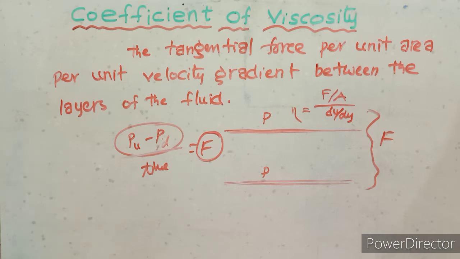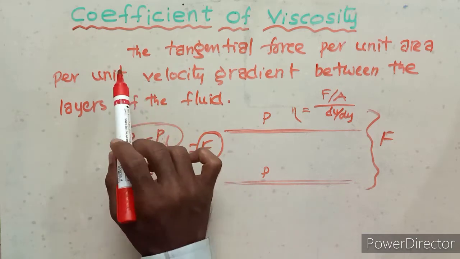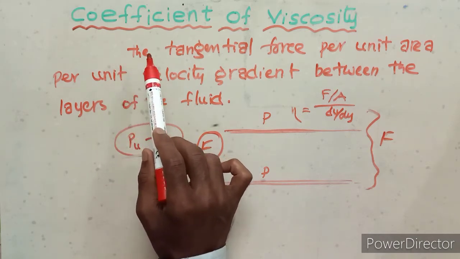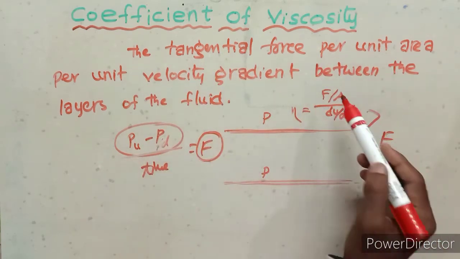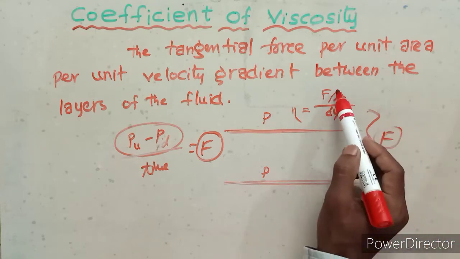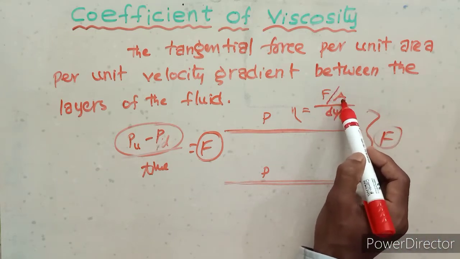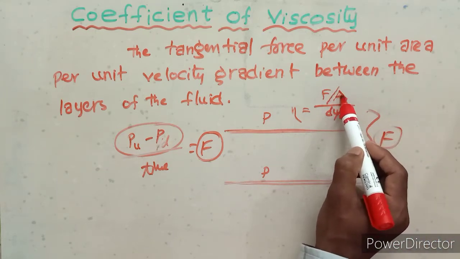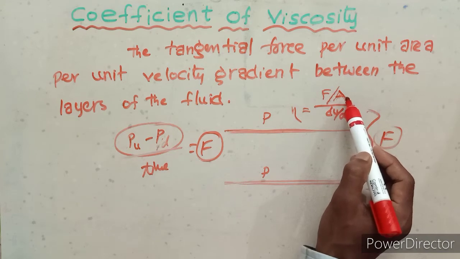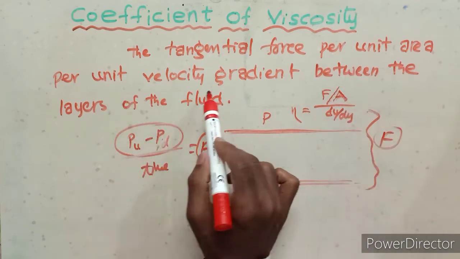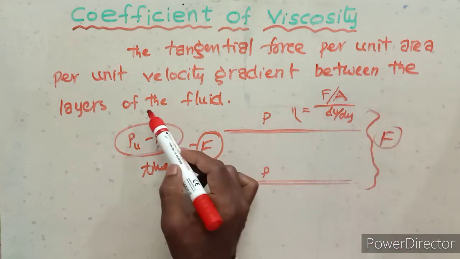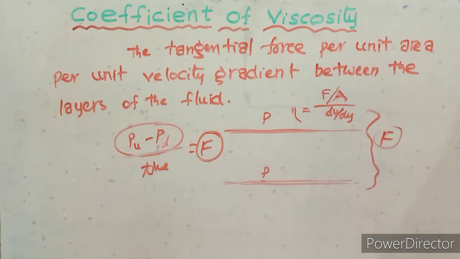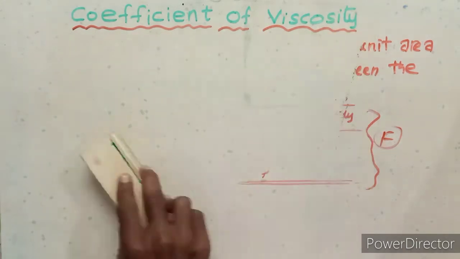So generally the definition is the coefficient of viscosity is defined as the tangential force per unit area A, but the unit area value is 1, per unit velocity gradient du upon dy between the layers of the fluid. That is the definition of the coefficient of viscosity.